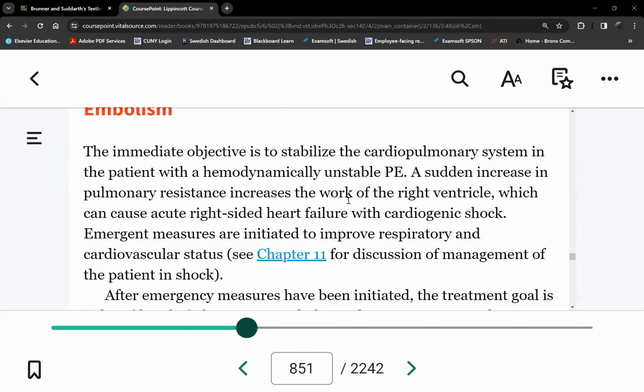Low risk PE means it's a tiny clot, and the patient is otherwise stable, no major symptoms, no hemodynamic effects are seen. So the patient will be placed on a low molecular weight heparin and then sent home.